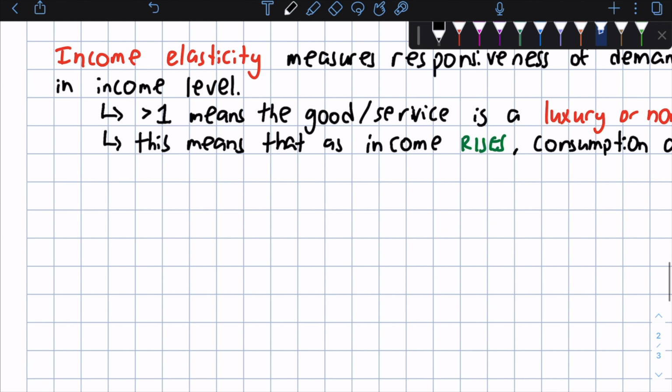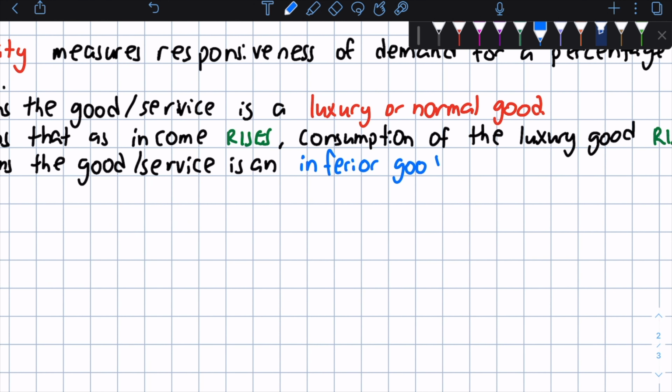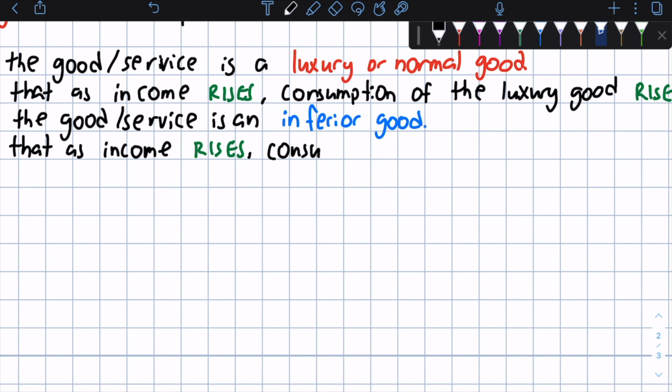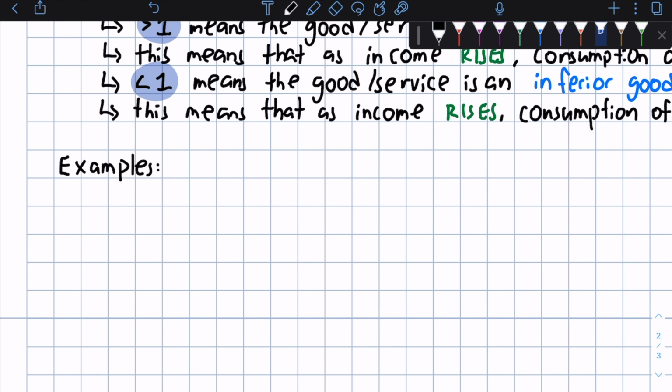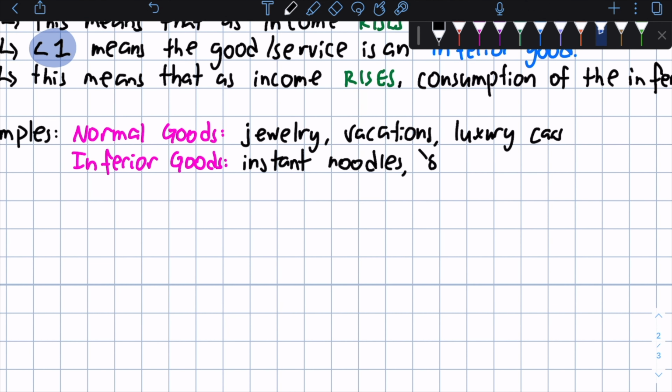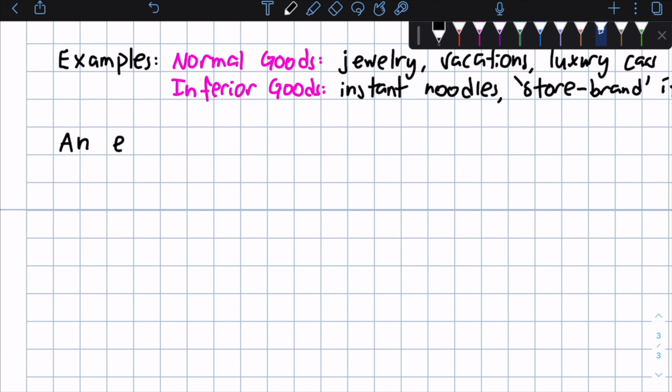An income elasticity less than 0 indicates that a rise in income reduces demand for a certain good or service, i.e. the good is an inferior good, which is less desired as income rises. Some examples of normal goods and inferior goods are as follows. Jewelry, vacations, and luxury cars are examples of normal goods, and instant noodles and store brand items are inferior goods.